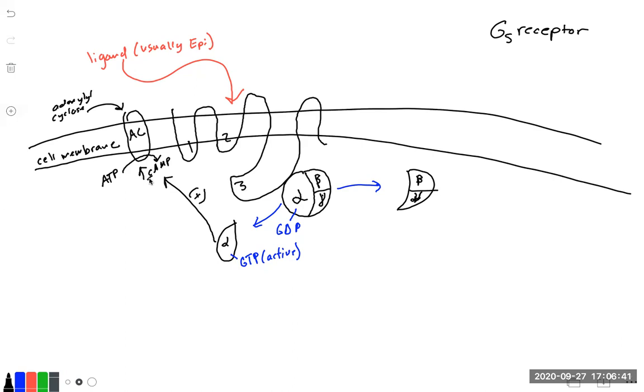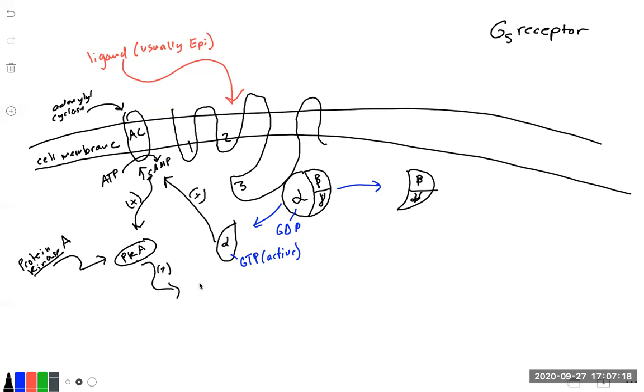Well, the cyclic AMP concentration is going to do something else intracellularly. It is going to stimulate, so we'll write a plus here, another protein called protein kinase A. Protein kinase A is a kinase, and kinases are enzymes that phosphorylate proteins.